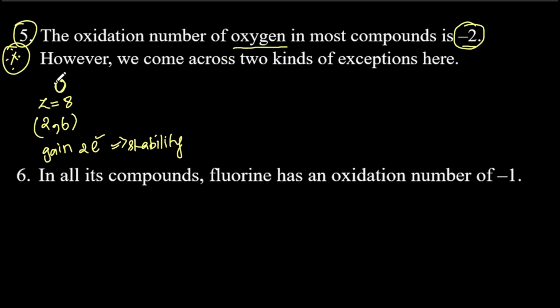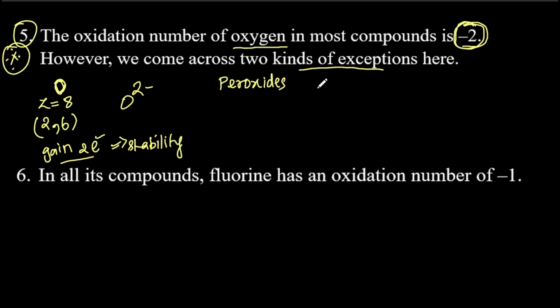So in most of the compounds, oxygen always tries to gain 2 electrons. So it will become O2 minus. So in most of the compounds, oxygen will have the oxidation number of minus 2. However, we come across 2 exceptions. The first exception is in peroxides.